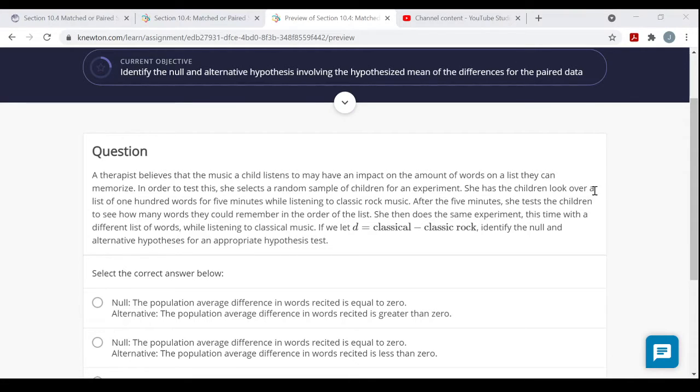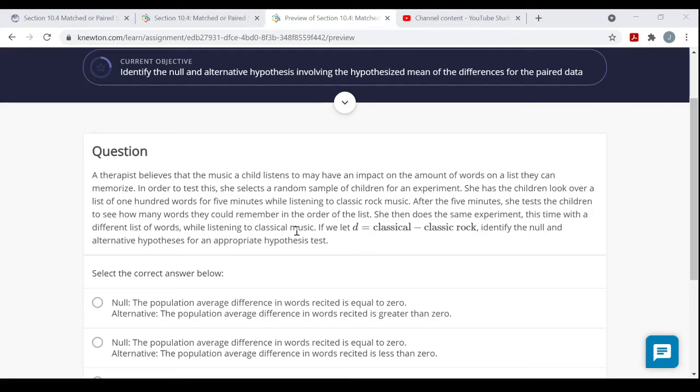She has the children look over a list of 100 words for 5 minutes while listening to classic rock music. After the 5 minutes, she tests the children to see how many words they could remember in the order of the list. She then does the same experiment, this time with a different list of words, but the same children though.